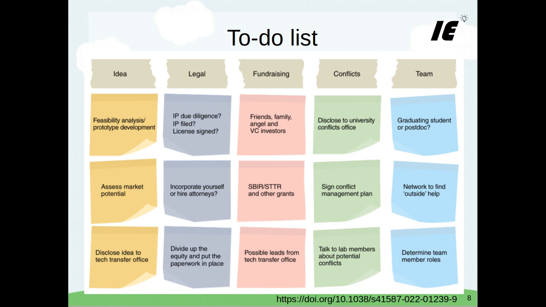This is an exhaustive list of things to look forward to, and maybe the legal part can wait. But starting with the idea, then of course fundraising and teams, those are the essential steps that you want to follow one by one.